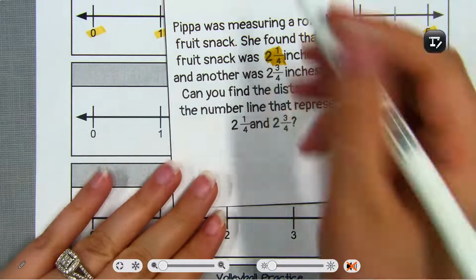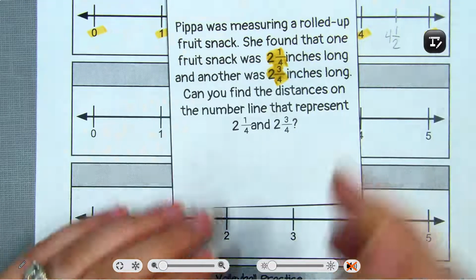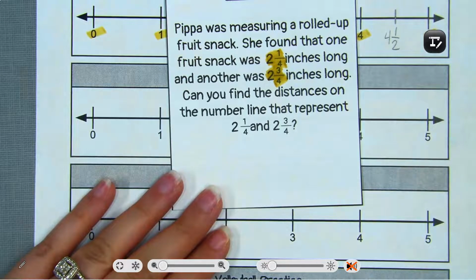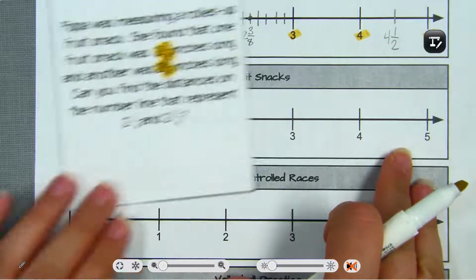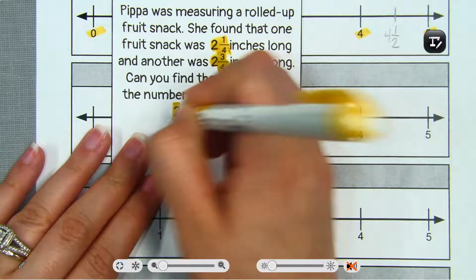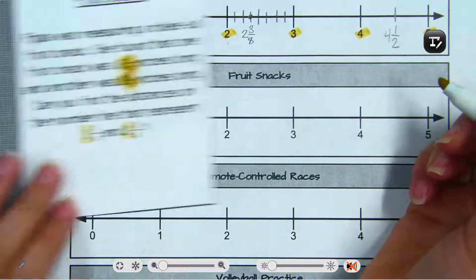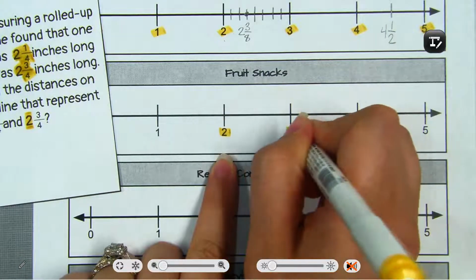Another was 2 3/4 inches long. Can you find the distance on the number line that represents 2 1/4 and 2 3/4? So let's look at our fraction. Our whole number is 2. So that means my fraction is going to go between 2 and 3.